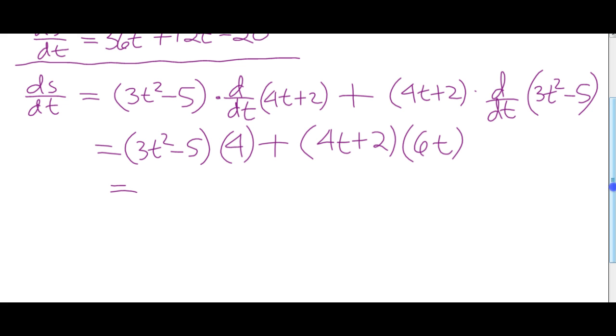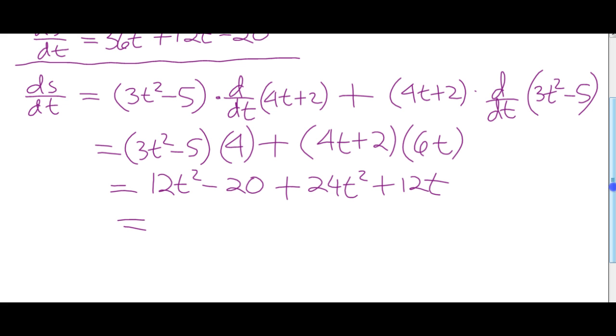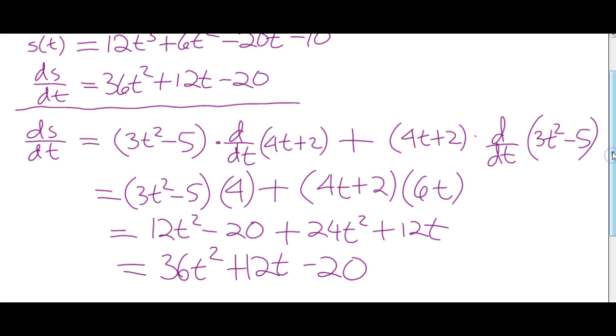All right, what do we got? So let's multiply it out. 12t squared minus 20 plus 24t squared plus 12t. So we've got 36t squared plus 12t minus 20.